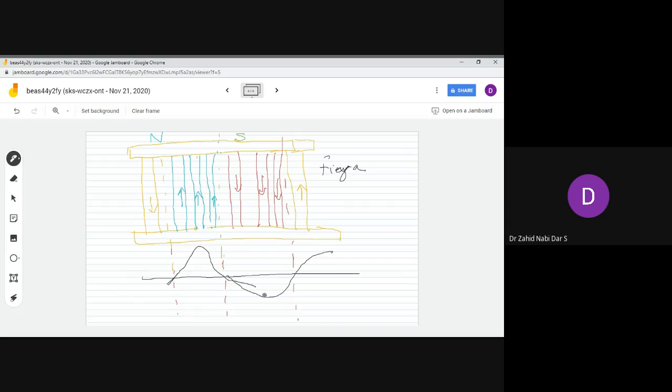I'm not able to do it here. It's very difficult to draw with this touchpad. So please try to see, this is the maximum part. So this is entering over here. This is the positive half cycle, and here it is leaving. So here this current is leaving.